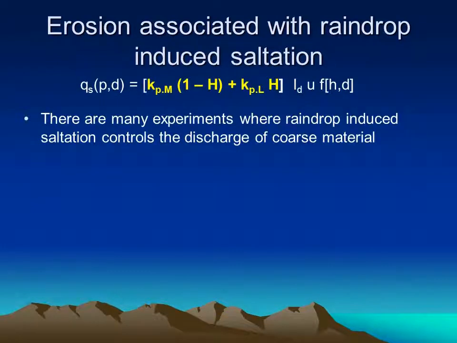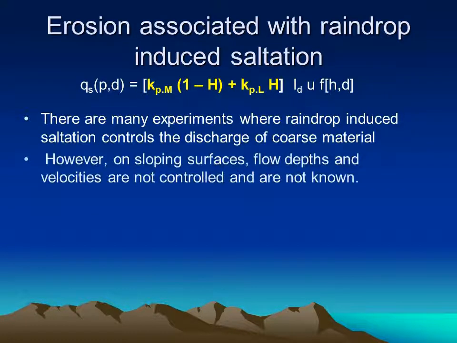There are many experiments reported in the literature where raindrop-induced saltation controls the discharge of coarse material, and this equation could be applied. However, on sloping surfaces, flow depths and velocities are not controlled and are not known.